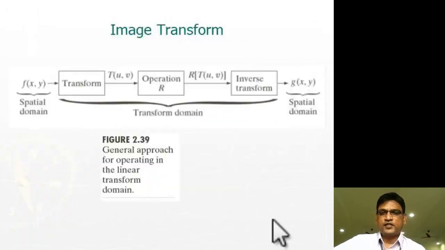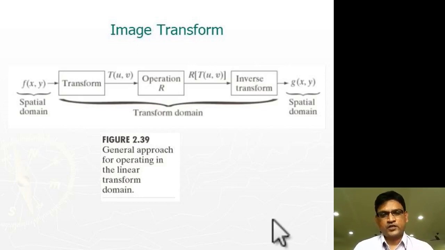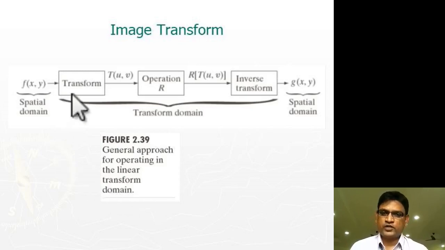And next is the image transforms. This is another operation where we can perform modification on the input image, but in a different way. Here we have to apply modification in the frequency domain. For that, first we have to apply a forward transform, and then we have to apply the operation, that is h or some r, and over that we obtain the output of the transform.